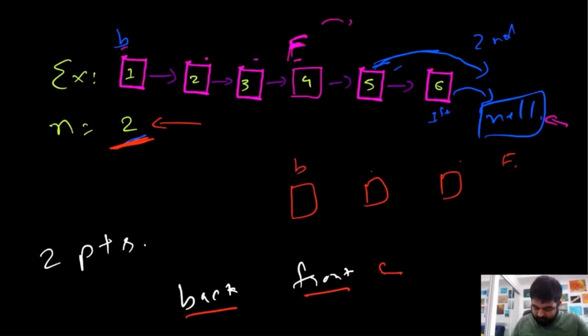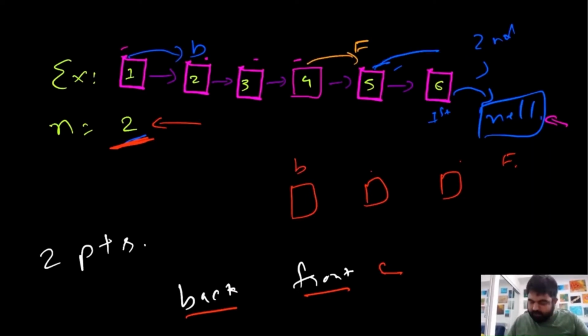So let's see what the different pointer situations would be. Now our back pointer has come to this position, and our front pointer has come to this position, because the back pointer jumped from here to here and the front pointer jumped from here to here. Again, front is not at null, so we have to do one more iteration.